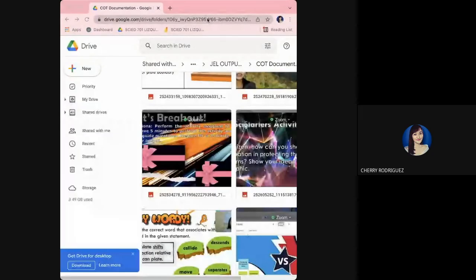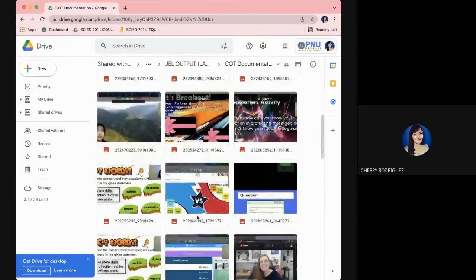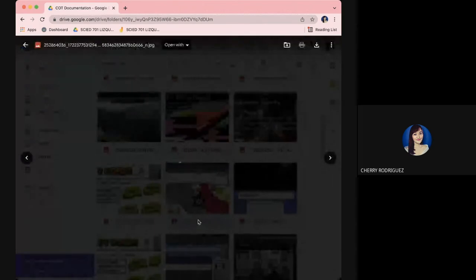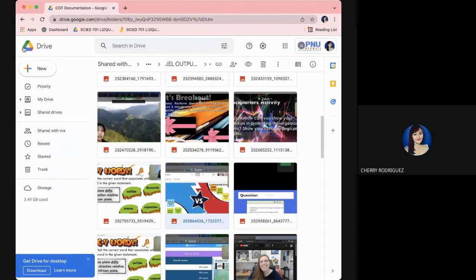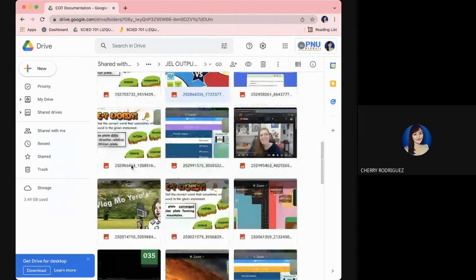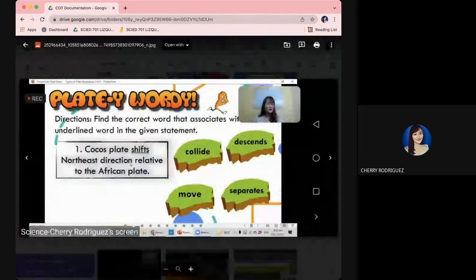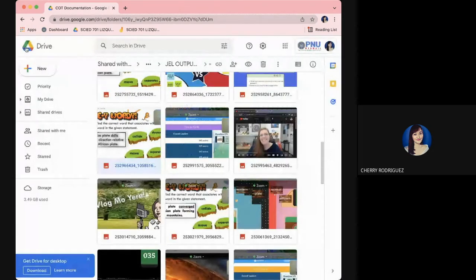During my first classroom observation po, we used the Google Jamboard, this one, the clash of girls and boys, the elicit part, on their prior knowledge of the difference between continental and oceanic crust, and also the terminologies, the difficult words, that they will encounter during the discussion.